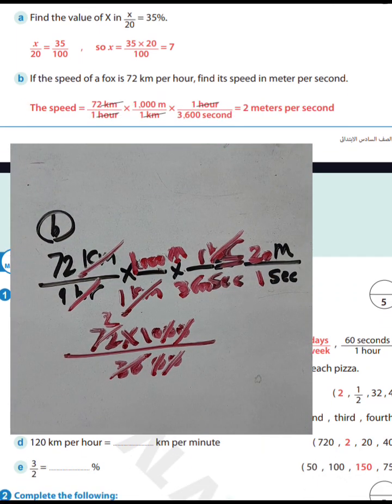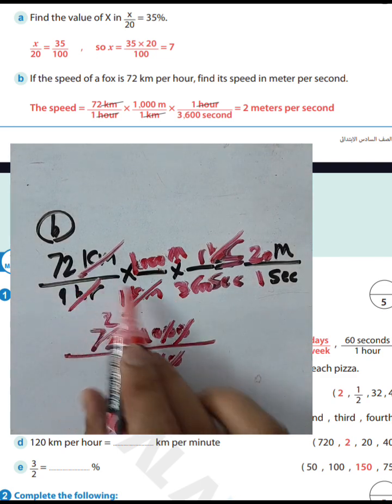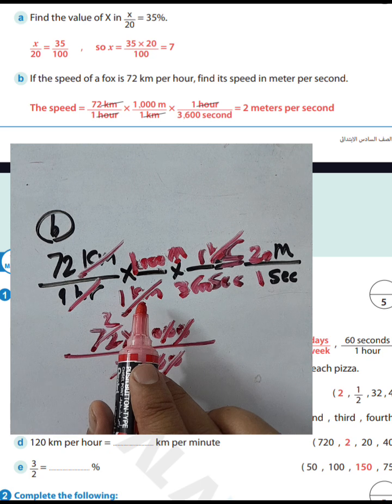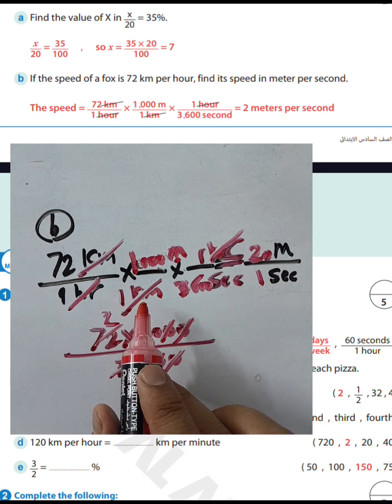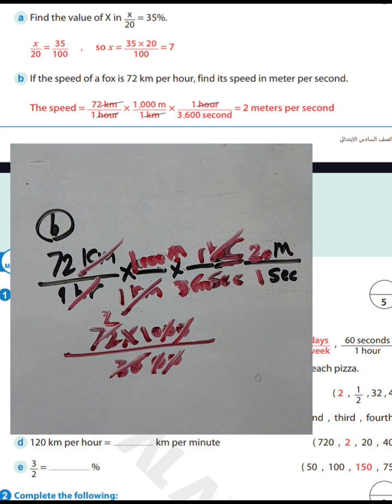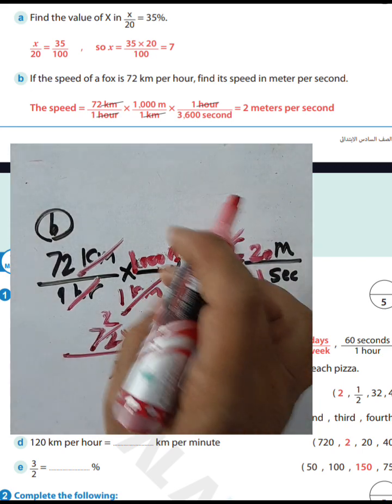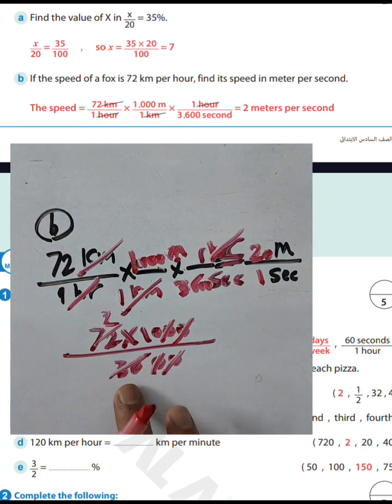How many zeros do we have here? Double zero. 3600, and here 72 times 1000. Cancel. Okay, it's true, 20 meters, not 2. Write 0 behind 2 because we cancel double zero by double zero, and 72 divided by 36 equals 2, times 10 equals 20.